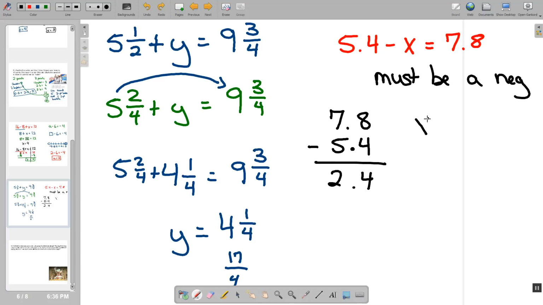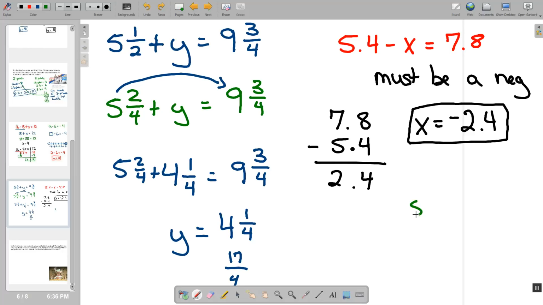Therefore, we know that x has to be a negative, and it's going to be negative 2 4/10. If we write out the equation again, we get 5 4/10 minus negative 2 4/10, which would be like adding, and that is equal to 7 8/10.